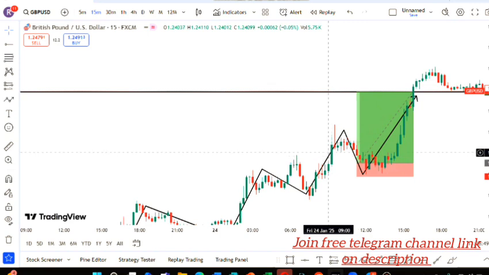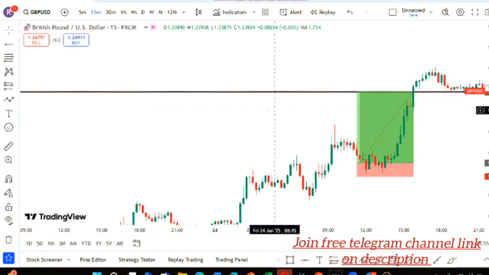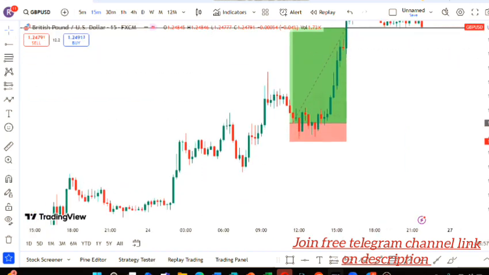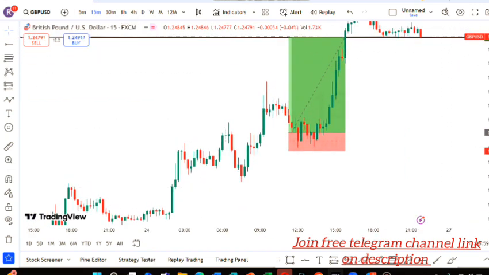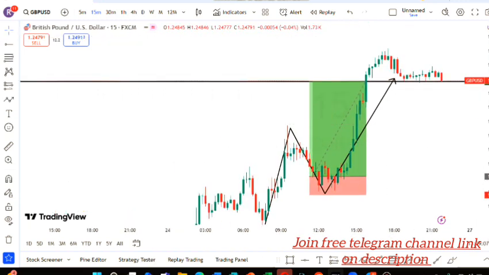So how did I get this entry? After this higher high, I was expecting a higher low, then to buy the market.